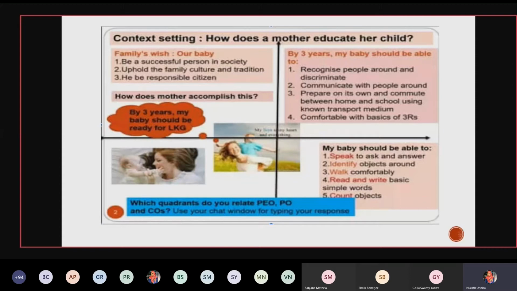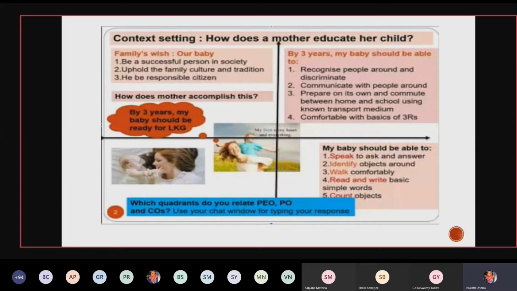So by 3 years, my baby should, this is the mother's wish, recognize people around and discriminate, communicate with people around, prepare on its own and commute between home and school using a known transport medium, comfortable with basics of these 3. And then the family wishes that the baby should be a successful person in society, uphold the family culture and tradition, and be a responsible citizen.